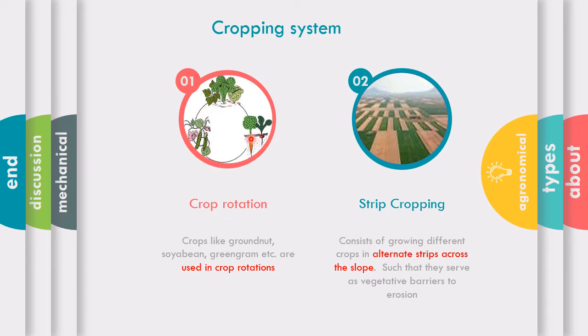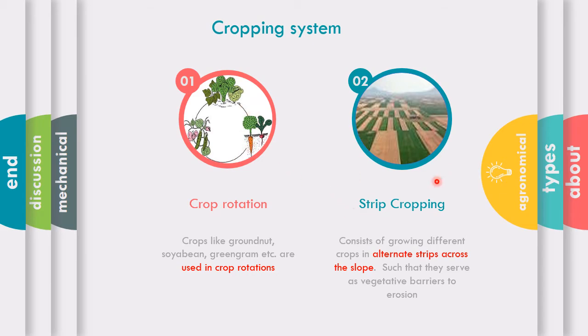Likewise, a cycle will be followed for cropping. For example, we can grow groundnut first, then soybean, then green gram. Likewise, different crops are grown in a cyclic manner.